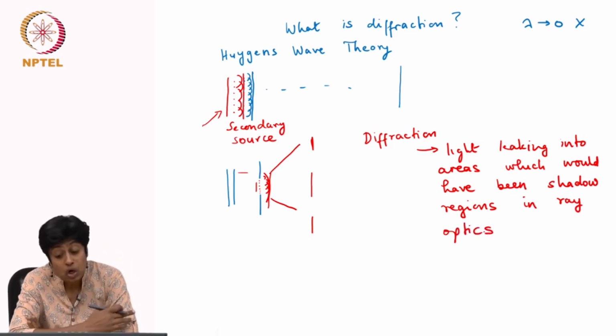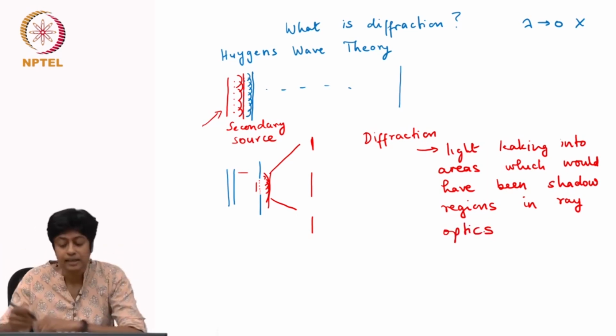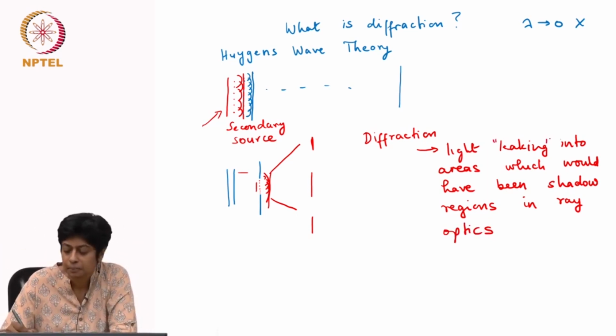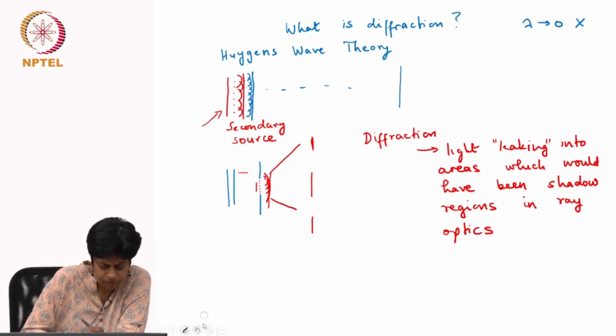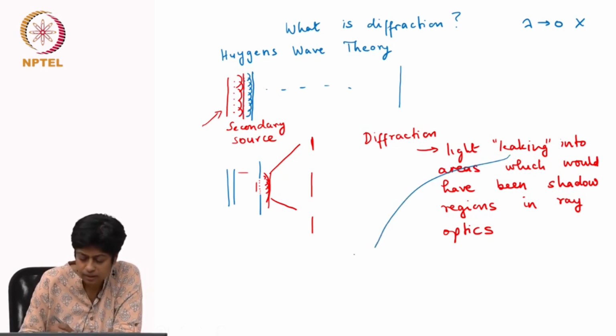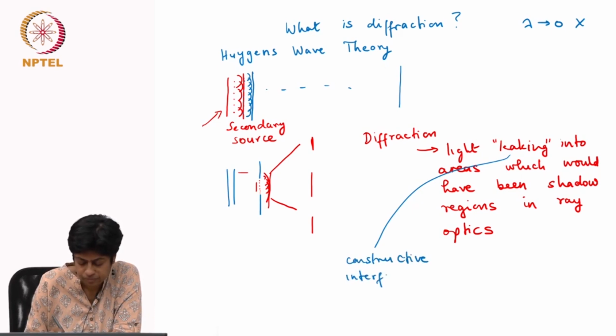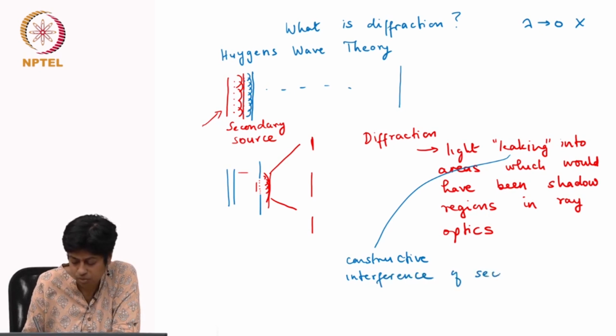it is because of this leaking. I say leaking, but now you should understand that that leaking is actually constructive interference of light from secondary sources.